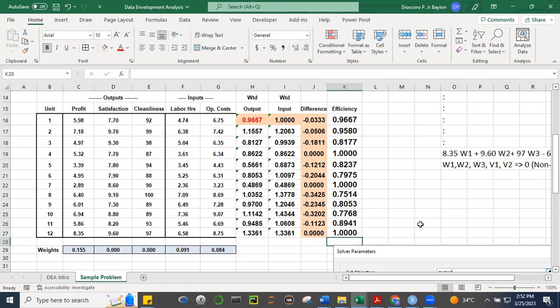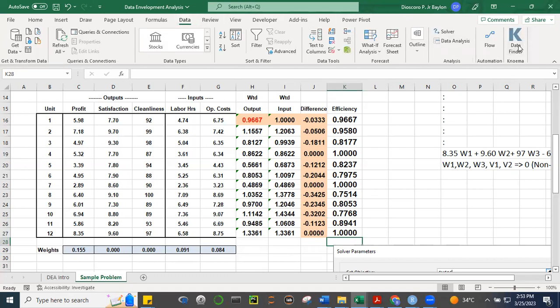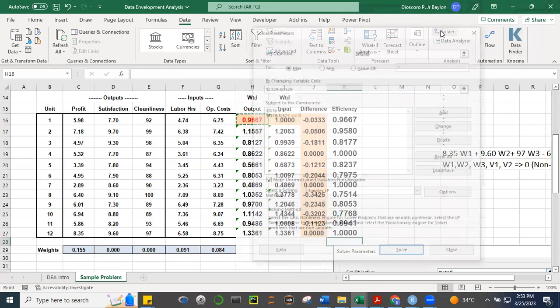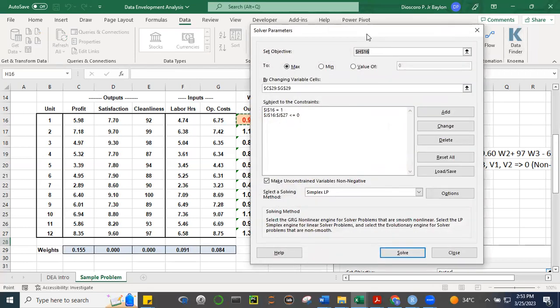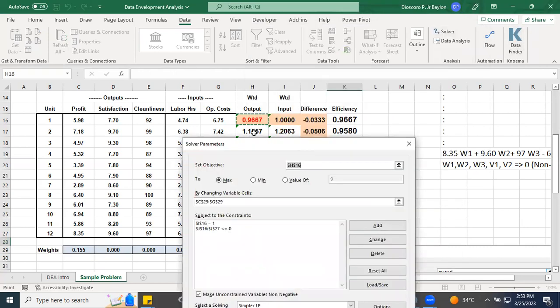Okay, so let me just run through the model for unit number 2. Let me go to Solver again, Data, Solver. I'm going to do number 2, so I'll just change the objective to this one.